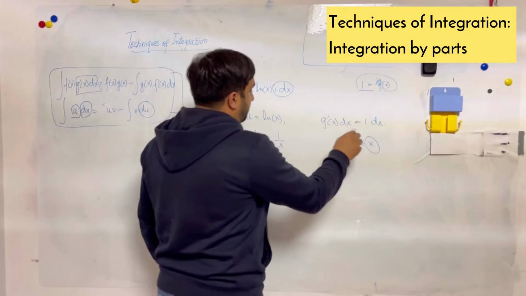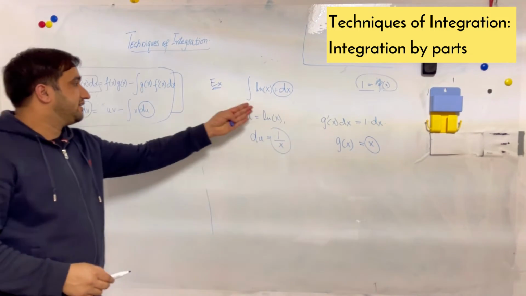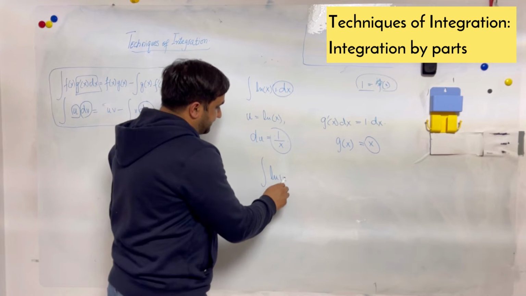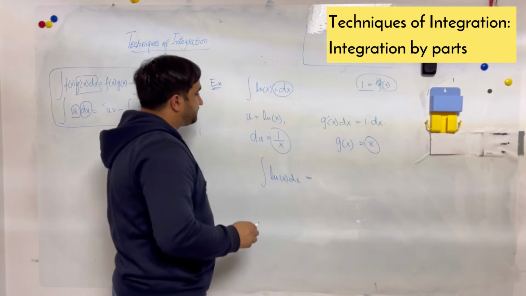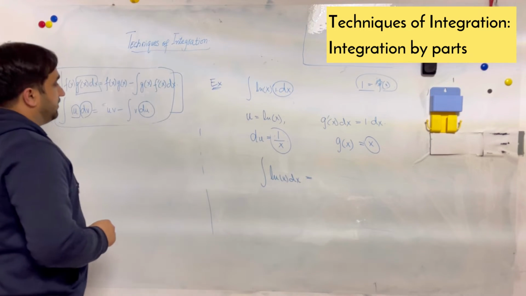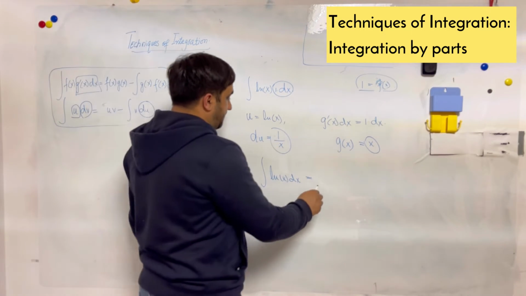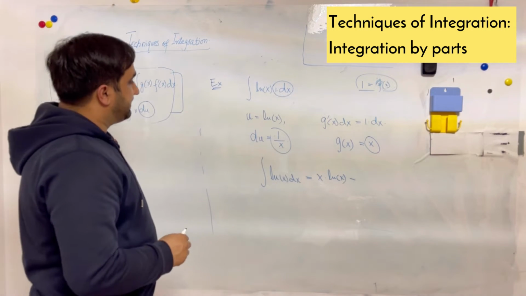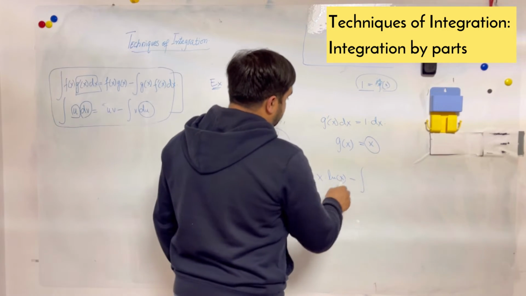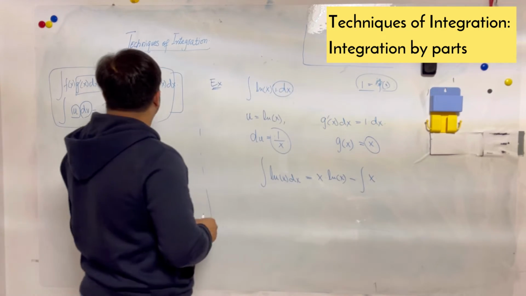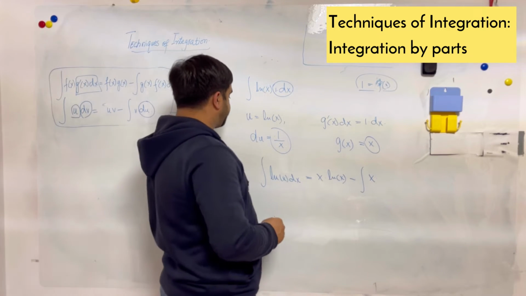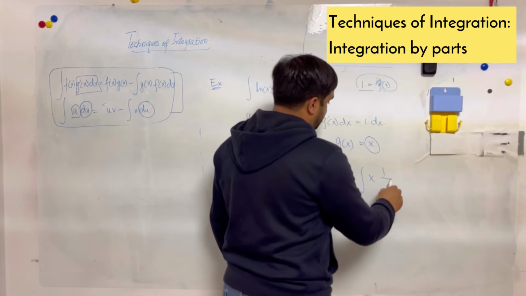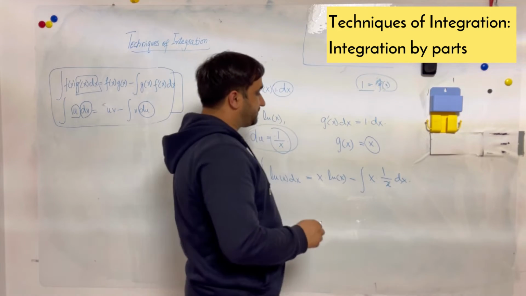So now you have all the information, and just put them back into this formula, and the answer will be: integral ln of x dx is equal to uv, x ln of x, minus integral g of x is x, f dash of x is this 1 by x, again dx.